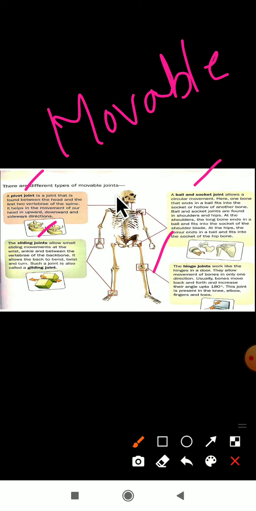First one is a pivot joint, ball and socket joint, sliding joint, hinge joint. Which are the different types of movable joints? Pivot joint, ball and socket joint, sliding joints, hinge joints. These are the different types of movable joints.